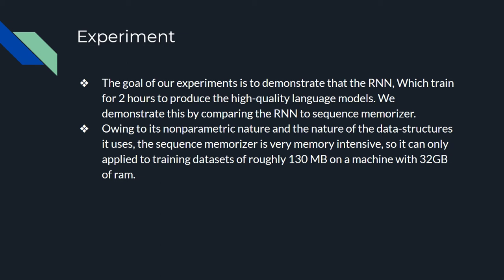Owing to its non-parametric nature and the nature of the data structure it uses, the sequence memorizer is very memory intensive, so it can only be applied to a training data set of roughly 130 MB on a machine with 32 GB of RAM. So we just need a highly efficient machine for this.